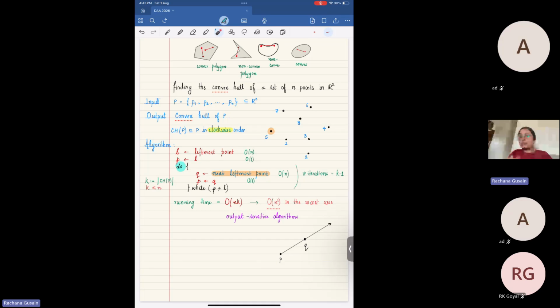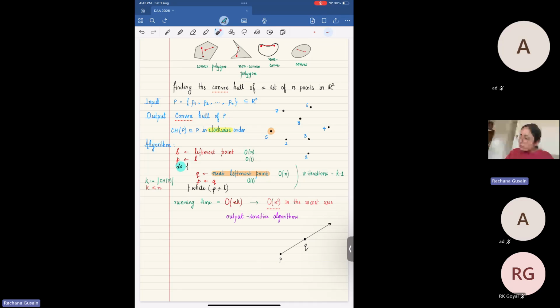Then there is a third point. That third point could lie on this line, in which case we say that P, Q, and R are collinear. They are lying on the same line.